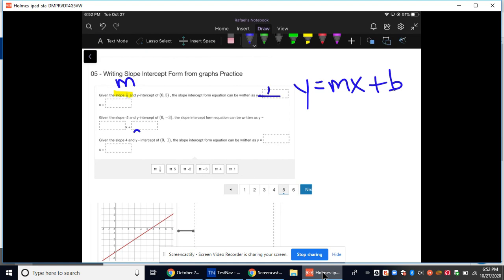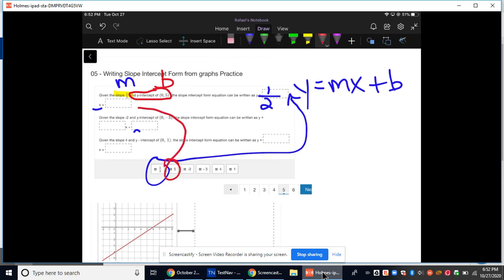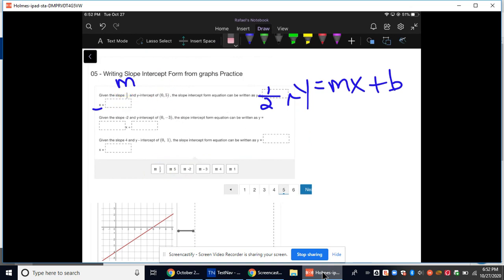So that goes right here. The 1/2, you're going to drag it up to that first empty box. And then it has the x plus our y-intercept. Our b is 5. So you're going to drag the +5 over into this box. All right, very simple for that one. Let me go ahead and erase it, and we'll do these next two together.